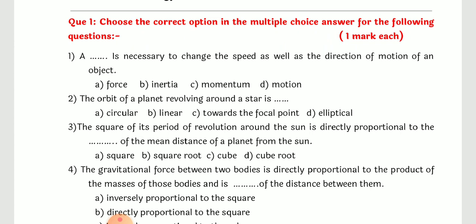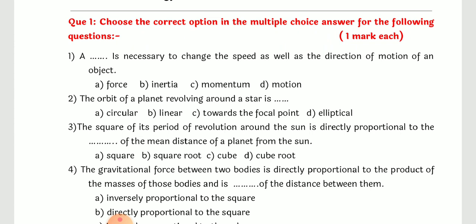It is T square, directly proportional to the mean distance dash. What is that? That is your option C, the cube of the mean distance of a planet from the sun, directly proportional to r cube, isn't it? Which law is it? That is Kepler's law, Kepler's third law.